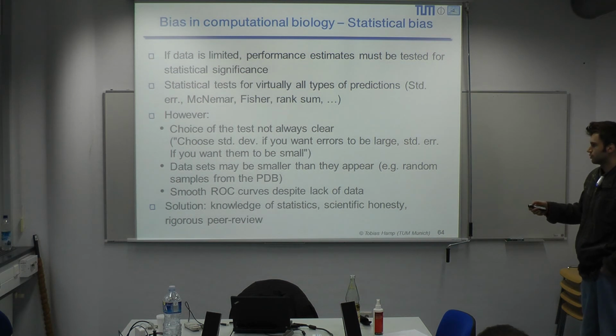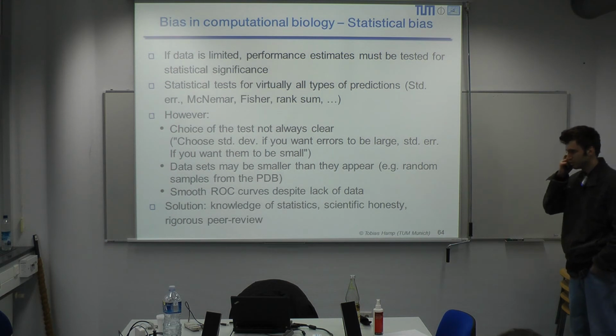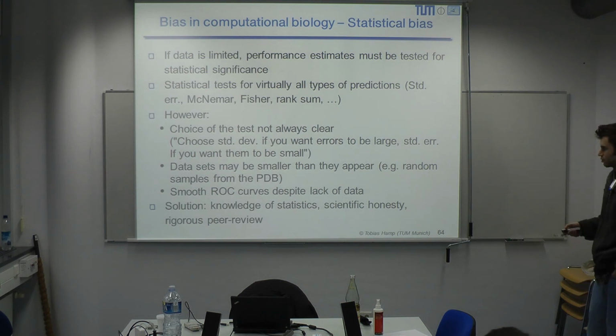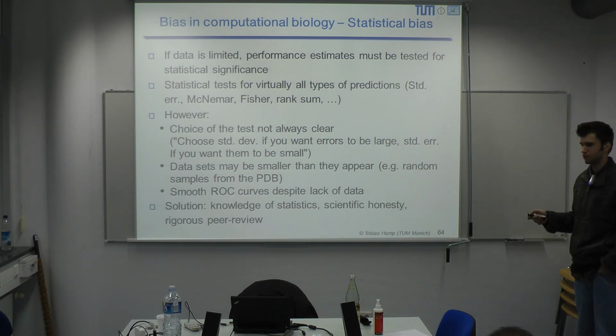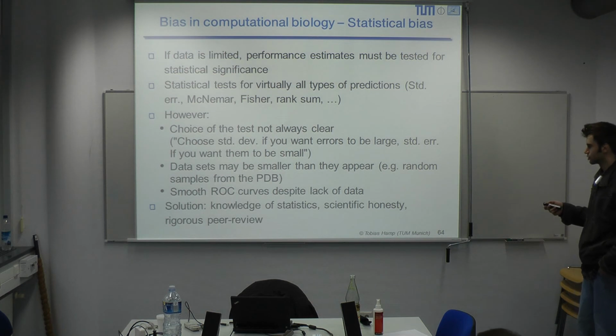Also, if you don't log out, for example, and draw random samples from the PDB, so PDB is a very special database in that it contains, I don't know, between 500,000 and 1 million proteins. But if you redundancy reduce it to only representative sequences, you go down to a level of 10,000 proteins. So it is extremely redundant.